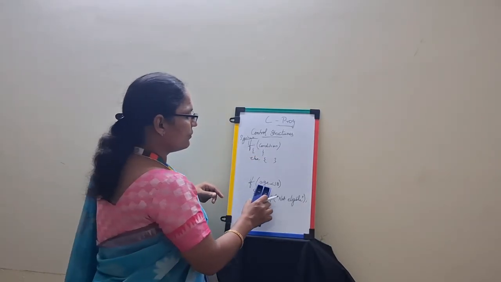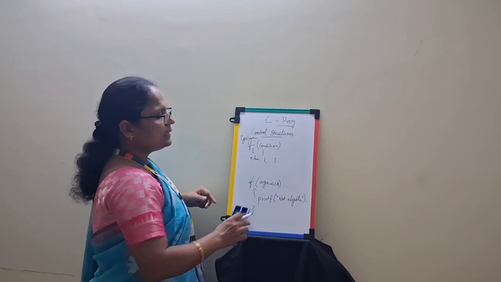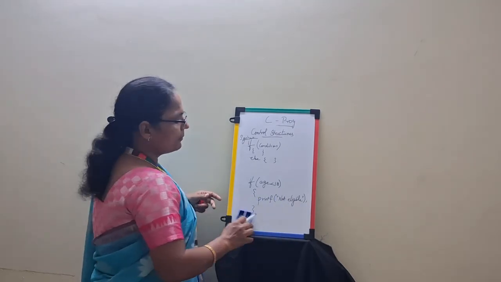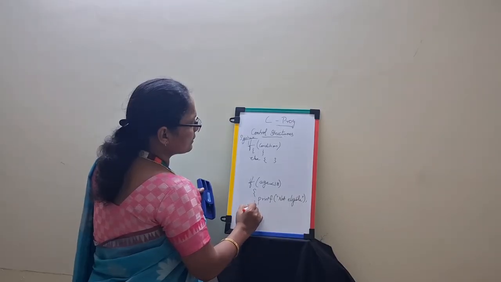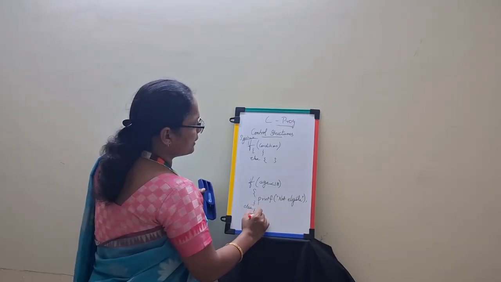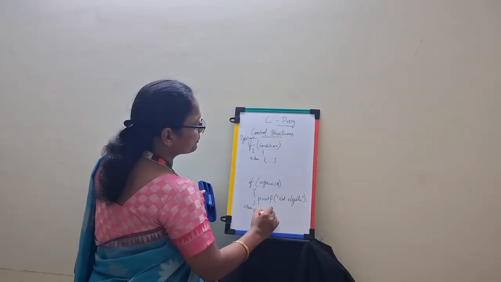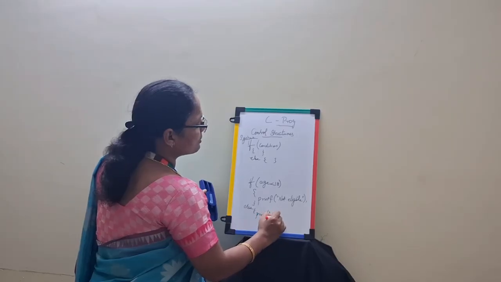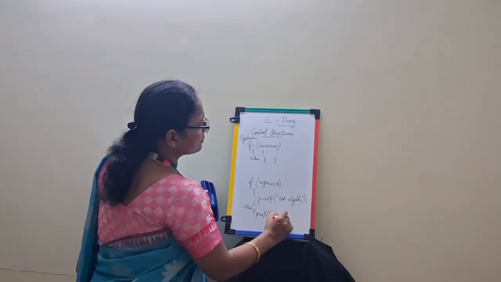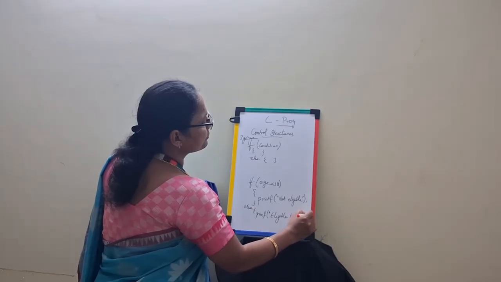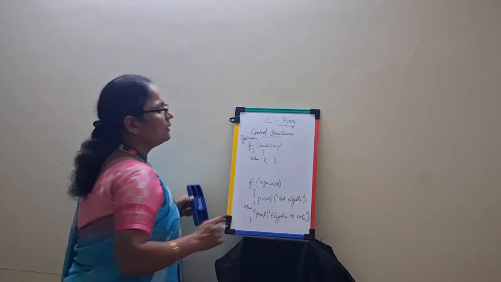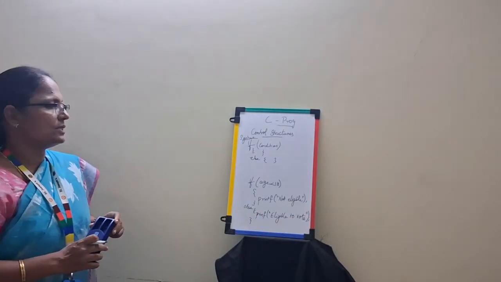So here if age is less than 18, printf not eligible, otherwise else printf eligible to vote. So this is a small conditional statement.